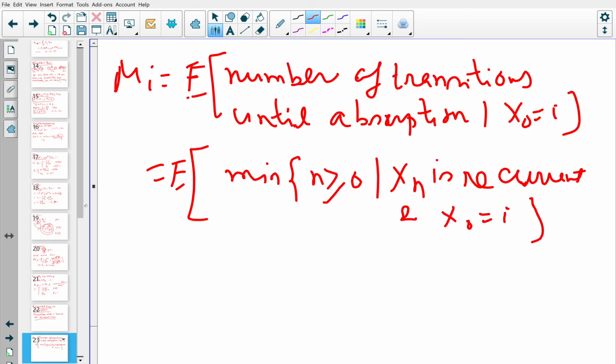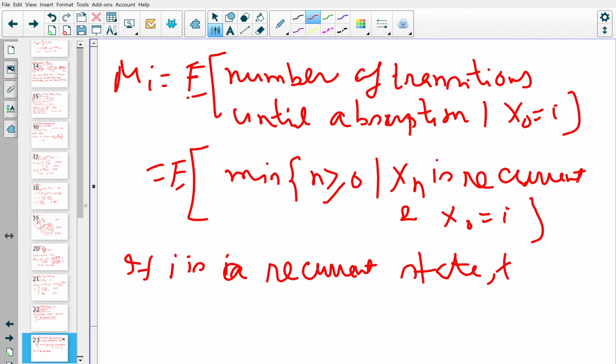Obviously, if i is a recurrent state, then mu i equals 0, because you are inside the absorption set, so you don't need any time, right?